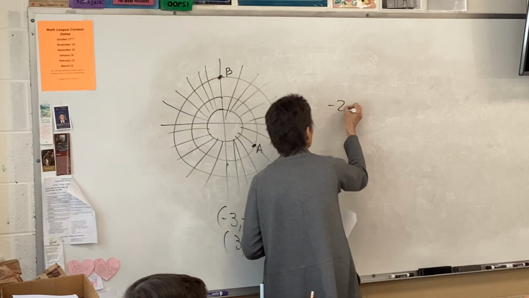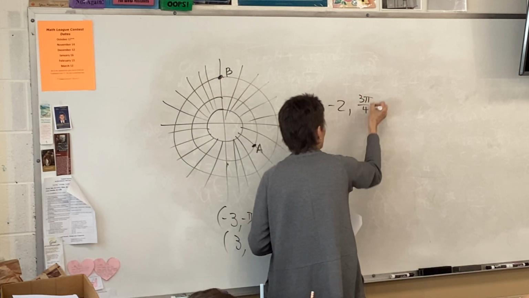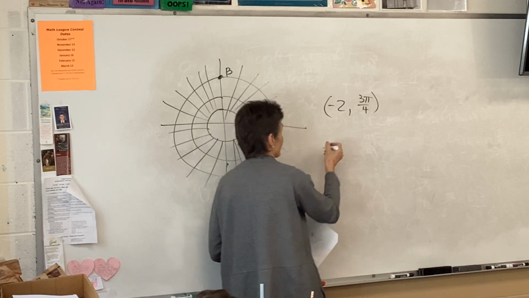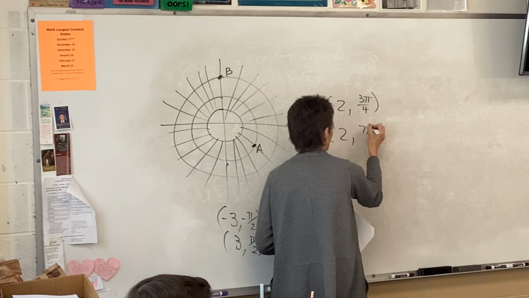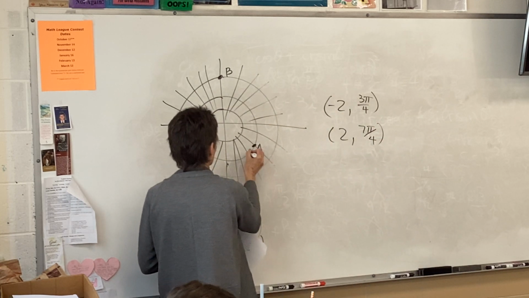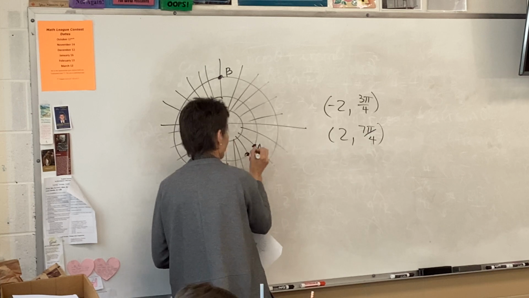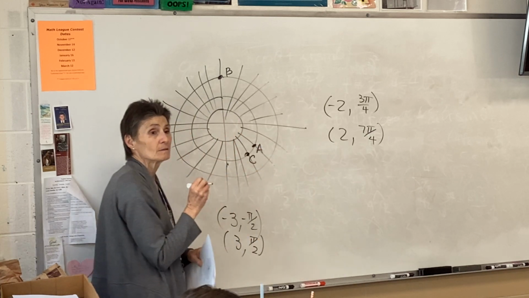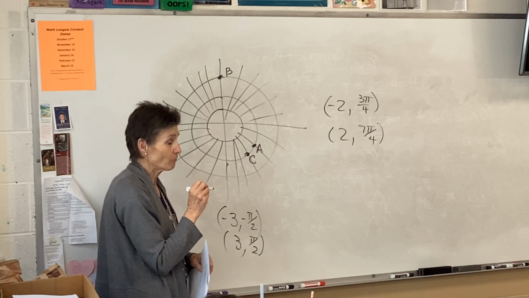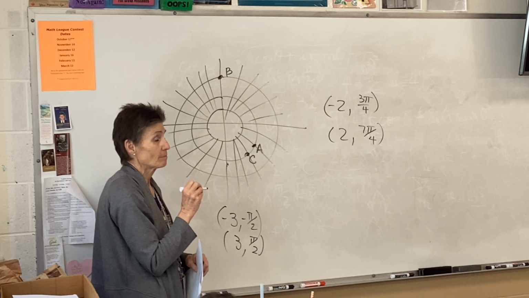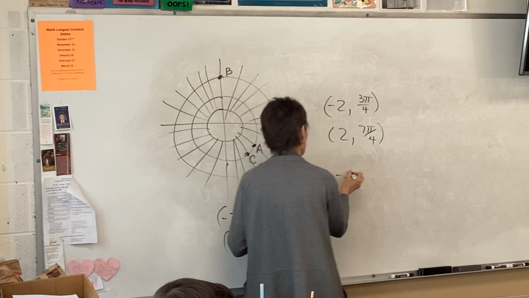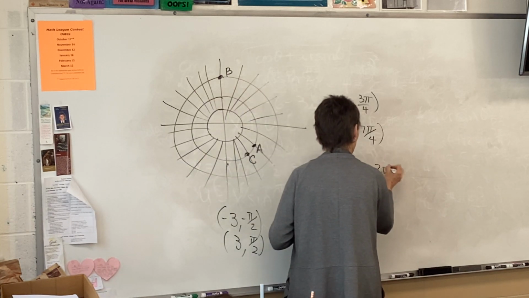Negative 2, 3 pi over 4. Are you getting it in quadrant 4? Yes. On the second circle at the pi over 4 angle. And negative 2, pi over 3.